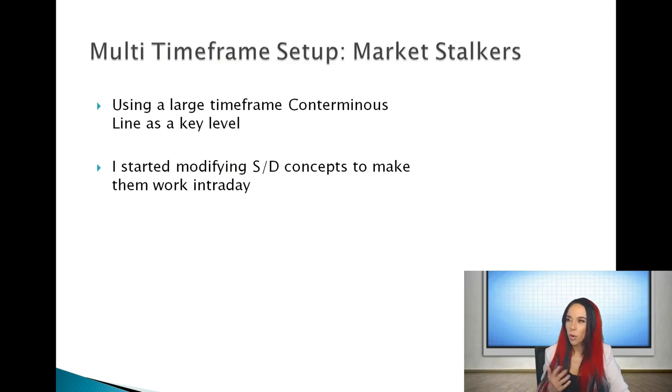So I started to modify some of the supply and demand concepts to make them work better, because they weren't working for me as the original supply and demand was explained. Now, one of the techniques that worked really well is to treat a large time frame conterminous line as a key level. It doesn't have to be in a Q point for this purpose.